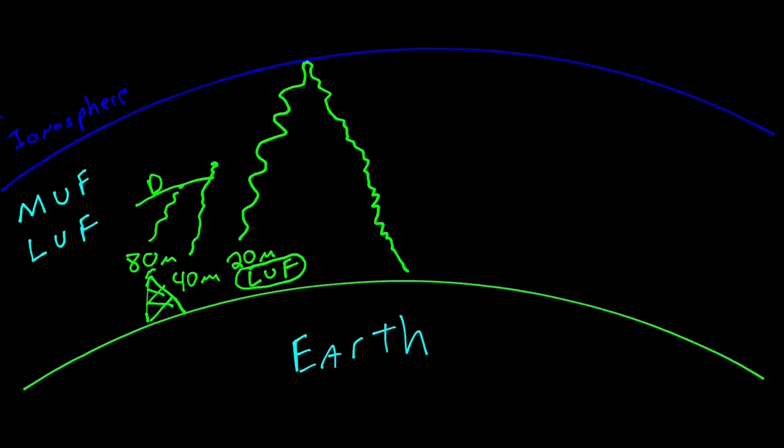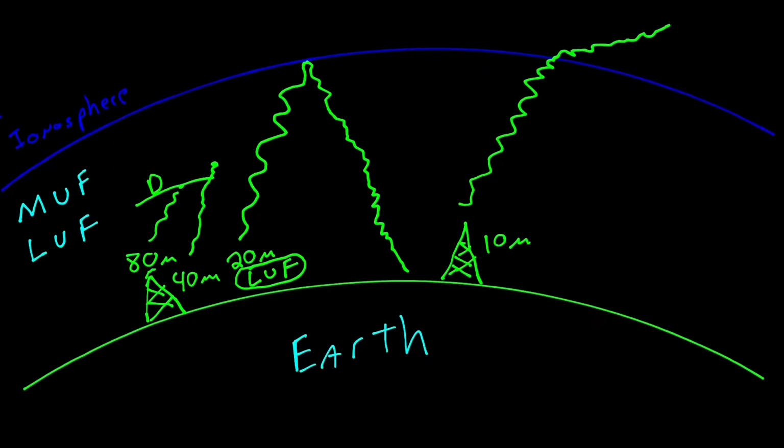Let's say it's the very early solar cycle 25, and we tried 10 meters during the daytime. And the ionosphere still isn't strong enough to bounce that 10 meter signal back. So it's going to bend, refract, and go off into space someplace.